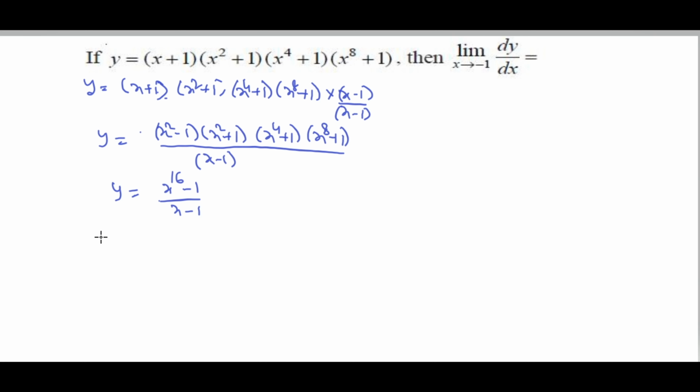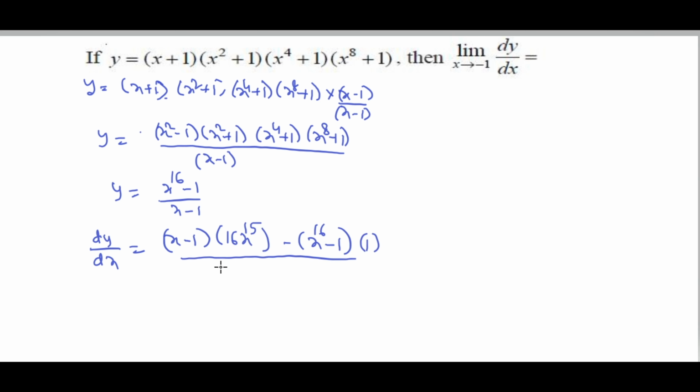Now we take dy by dx, take the derivative. This is u by v form, that is (x minus 1) into the derivative of x to the power of 16, that is 16 x to the power of 15, minus (x to the power of 16 minus 1) into the derivative of x minus 1, which is 1, by (x minus 1) whole square.